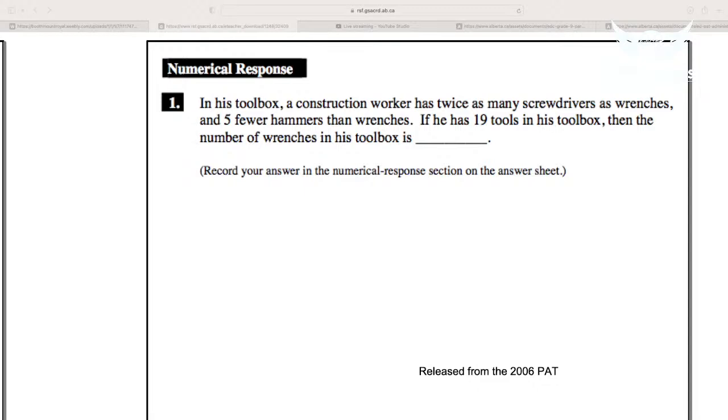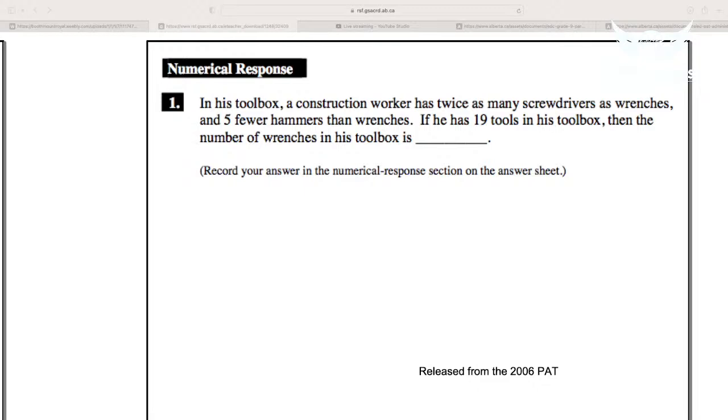So 2x will be the number of screwdrivers. And how many hammers? 5 fewer hammers than wrenches, so x minus 5 will be the number of hammers.